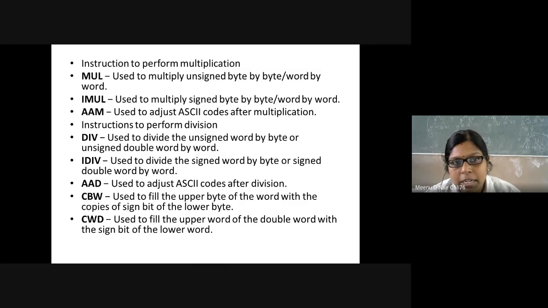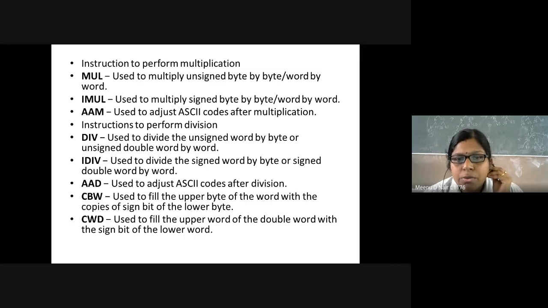This is not the signed one. Then the IMUL command multiplies signed data. That is MUL and IMUL. AAM means adjust ASCII after multiplication. So these are the three commands we use for the multiplication operation.